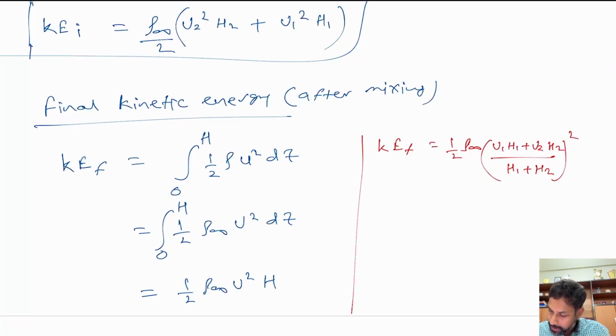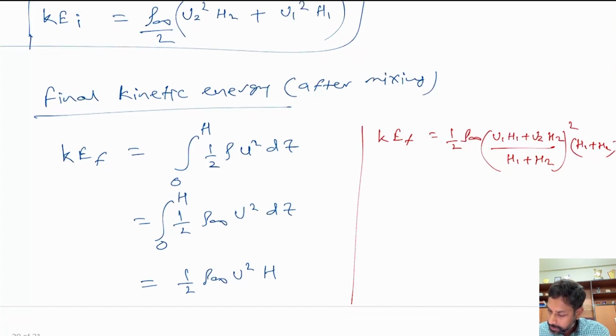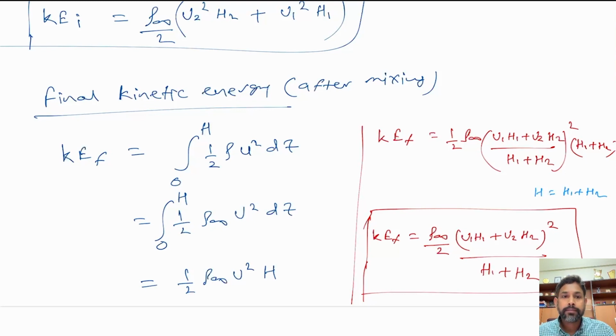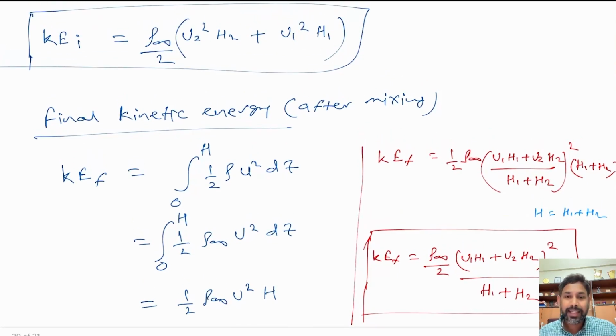This is squared, and remember that h is h1 plus h2, right? So h is h1 plus h2, so that will cancel with one of the terms. So this will give us KEF, rho infinity by 2 times u1 h1 plus u2 h2 squared over h1 plus h2, right? So that is our kinetic energy final.